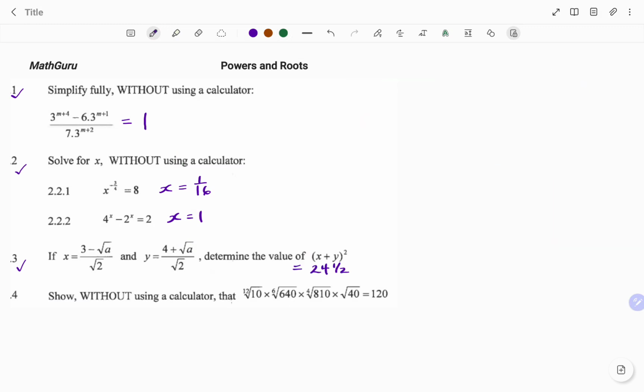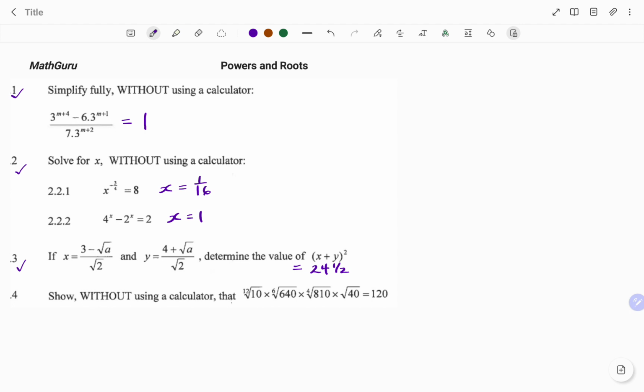And for the final part of the question that says, show without a calculator that the 12th root of 10 times the 6th root of 640 times the 4th root of 810 times the square root of 40 is equal to 120.